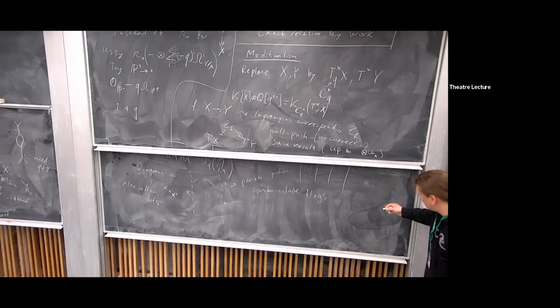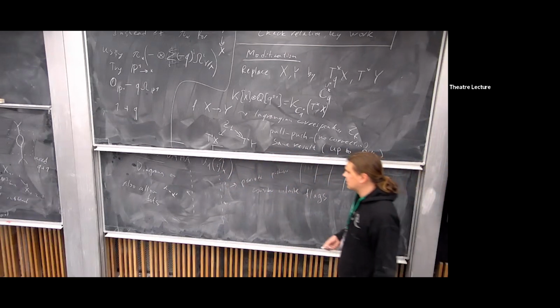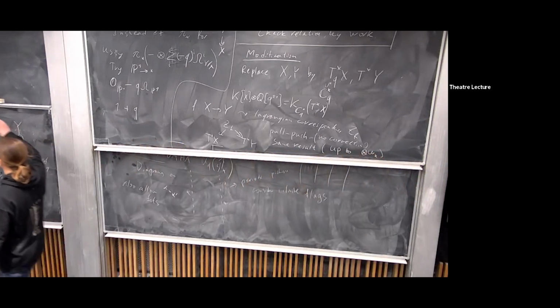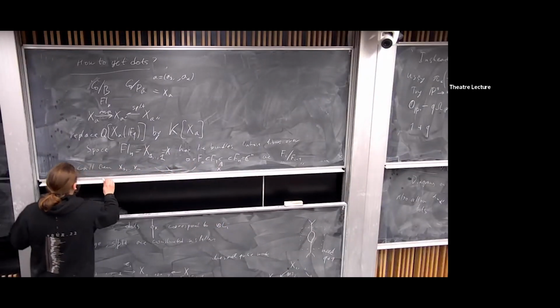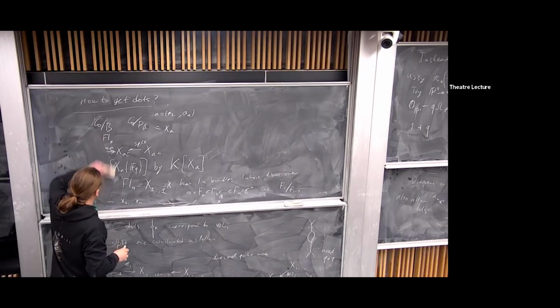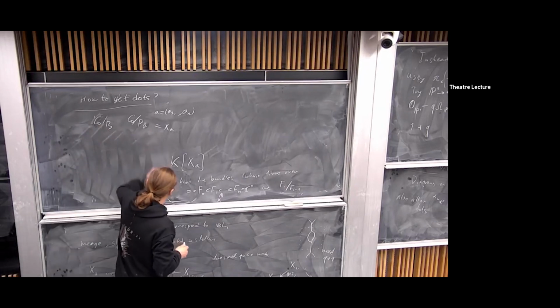The natural mathematical way to think about them is either you, so that's how you get the affine flag variety.